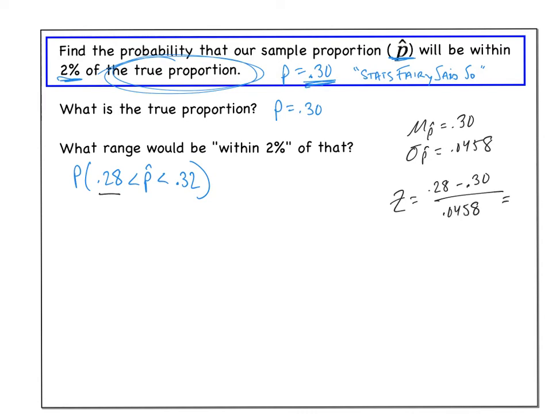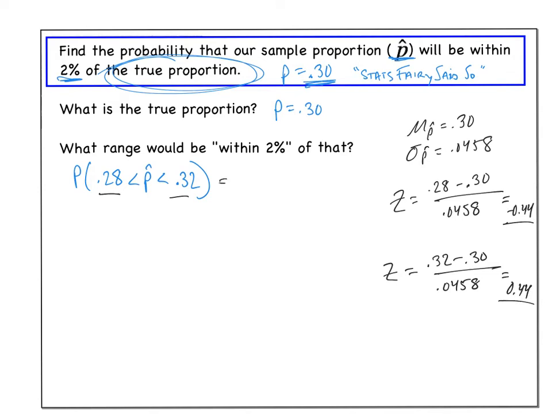That z-score is going to be negative 0.44. And then I need to find my other z-score for 0.32, again minus the mean of 0.30 divided by the standard deviation of 0.0458. And when we type that in, we get positive 0.44.